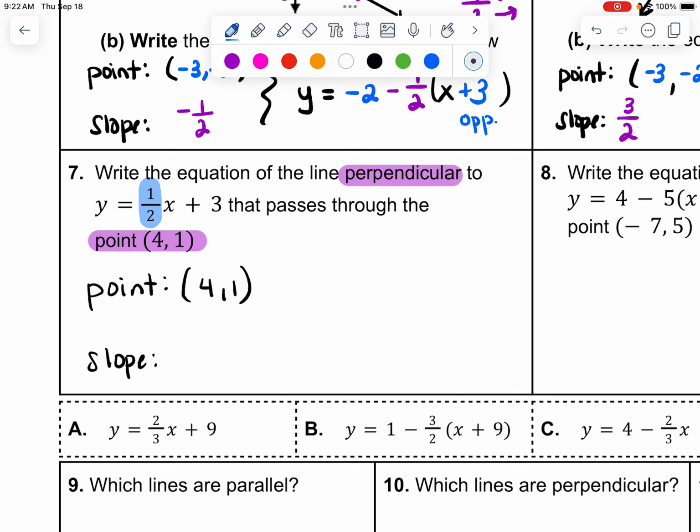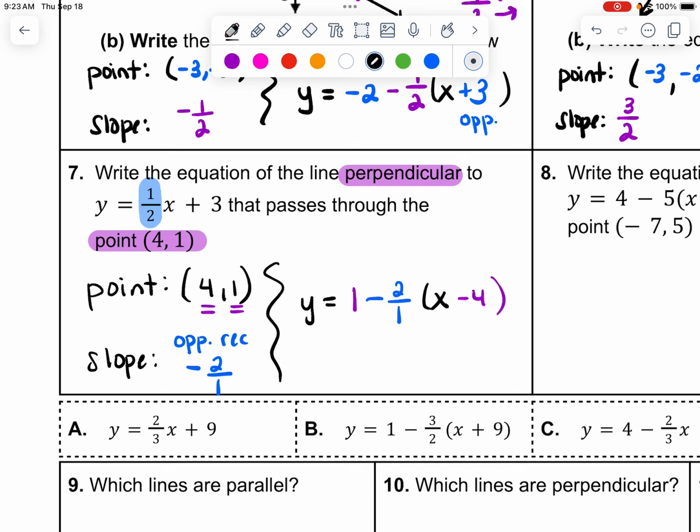Now, for a perpendicular line, we're not going to steal and use the same slope. Instead, we're going to figure out the opposite reciprocal, which would mean 2 over 1, so flip that fraction, and then also make it negative. My equation would be y equals my starting y, which was 1, minus 2 over 1, and then parentheses x, and then my starting x, which is minus 4.